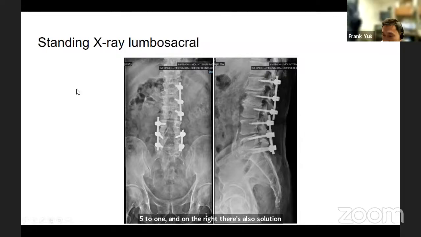And a fusion described the union of two bones. In this case, we're not 100% confident whether this has really been fused or not. I would use the word instrumented. So the patient's instrumented from the left side from L1 to L3, and then on the right from L4 to S1. On the left there, it seems to have skipped a screw here. So this is a slightly odd construct. You normally don't see this type of construct.